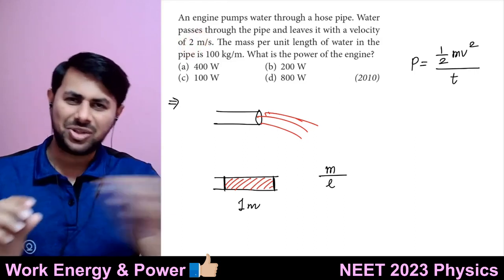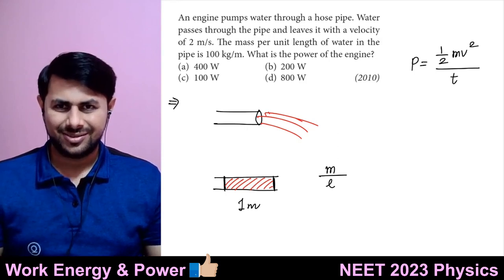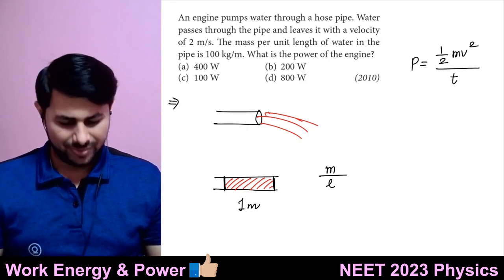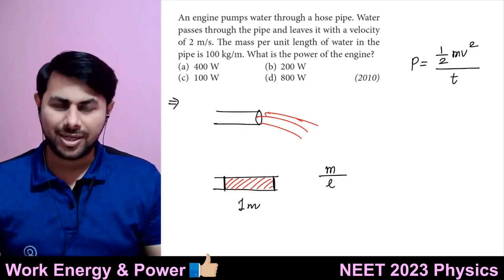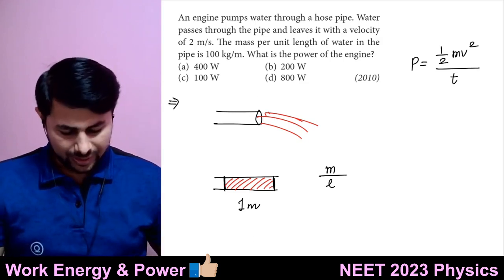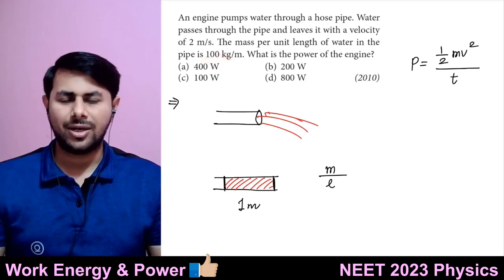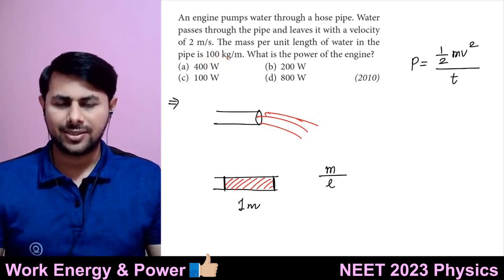So how much length of the water is coming out per second? 2 meters is coming out. So how much mass is coming out? 1 meter contains 100 kg, so 2 meters will contain 200 kg.